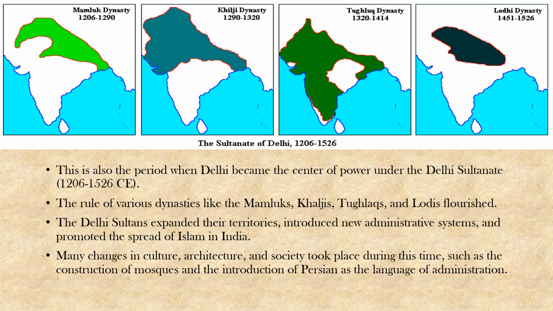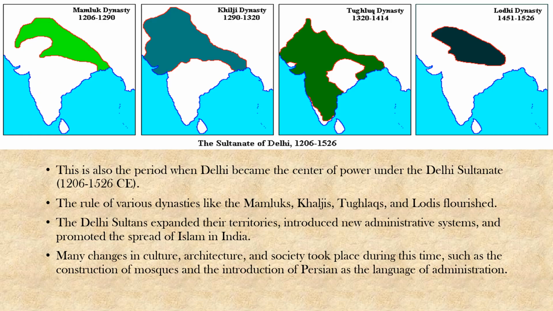Now we will see the Sultanate of Delhi. In the medieval period, Delhi became the center of power under the Delhi Sultanate, which lasted around 1206 to 1526 CE. The rulers of various dynasties like the Mamluks or slave dynasty, Khaljis, Tughlaqs and Lodhis flourished.